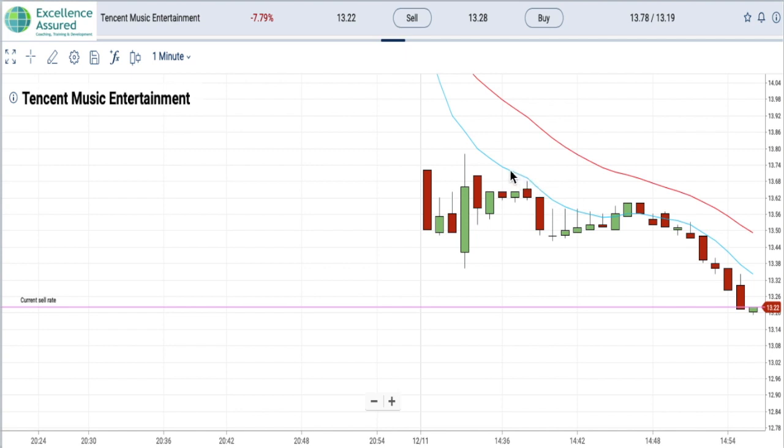Now, as a retail trader, what I'm looking for first of all is decent value from my broker. The charge for trading CFDs in US stocks is the spread. You can see here you've got a sell price of $13.22 and a buy price of $13.28. So there's a 6-cent spread, which is pretty good.